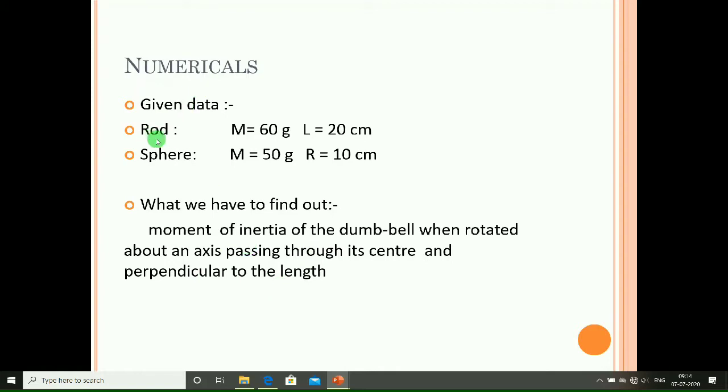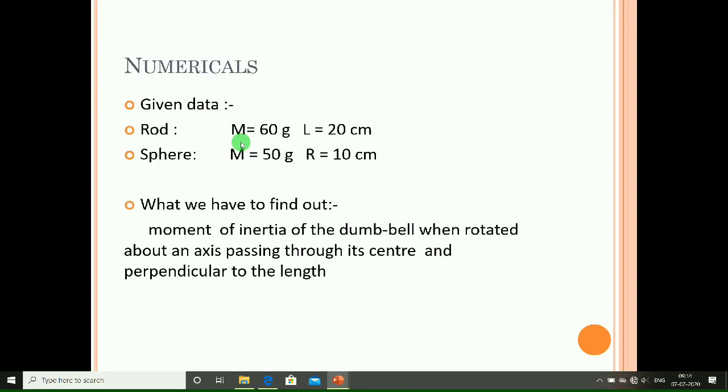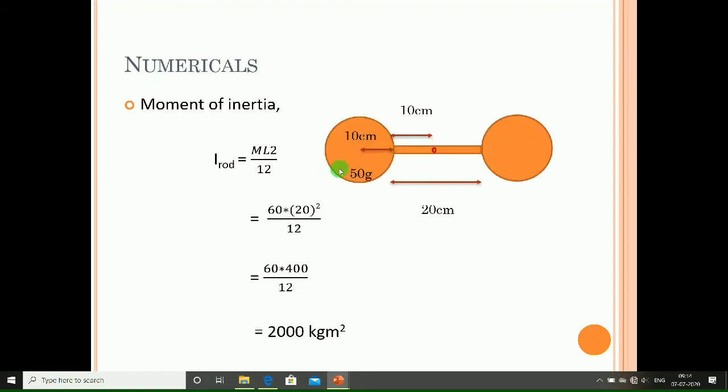So given data for rod, mass is 60 gram, length is 20 centimeter. Sphere is 50 gram, radius is 10 centimeter, right? So this is the case given to you. Rod is having total length 20, so from center it is 10 centimeter. Radius of solid sphere is 10 centimeter. Mass of solid sphere is 50 gram.